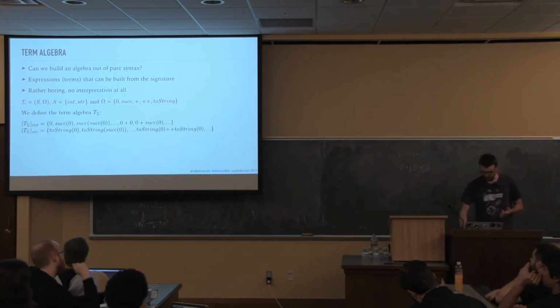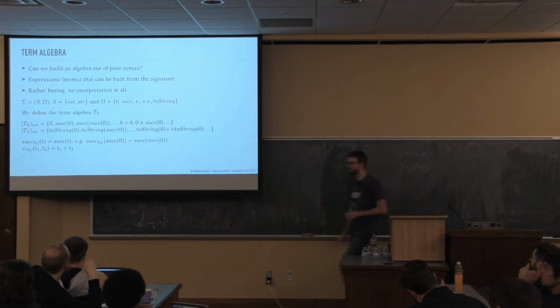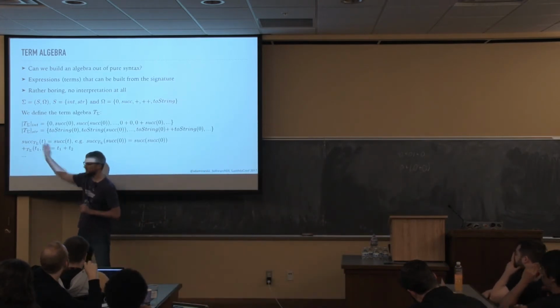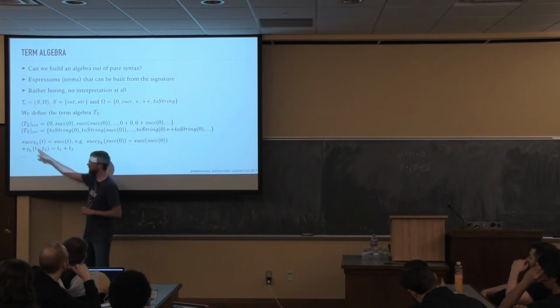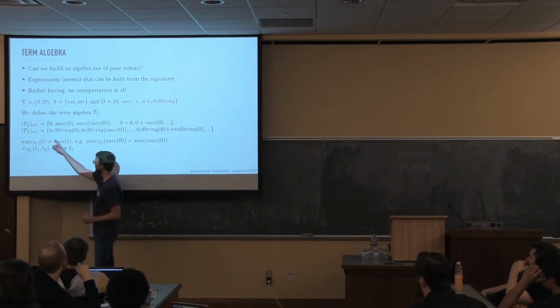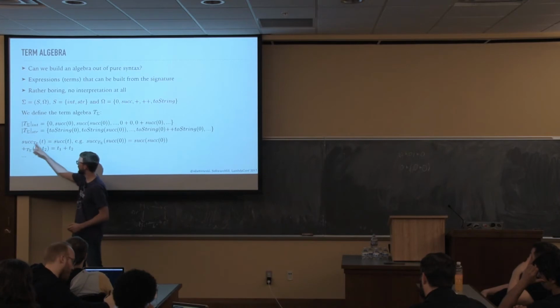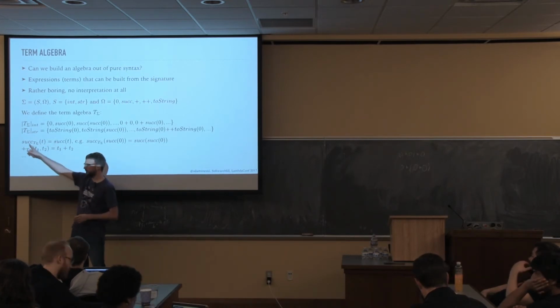We also need to provide an interpretation for the operations, right? And this will be rather simple. So for example, an interpretation of the successor operation in the T sigma algebra, given any term, any expression here, will be like a new expression built out of the successor name and the term, right? So these are like different. These two live in different worlds, let's say, right? So that's an interpretation.